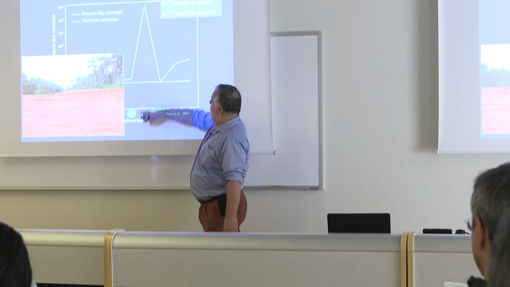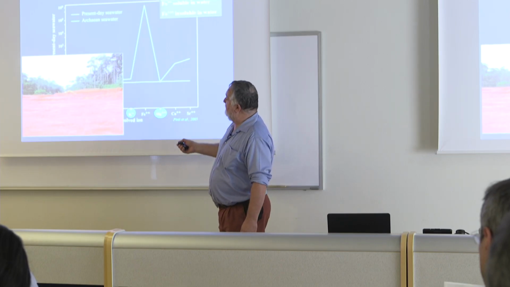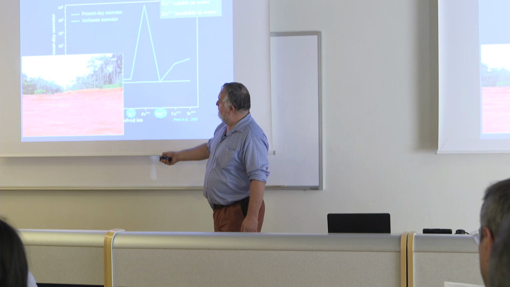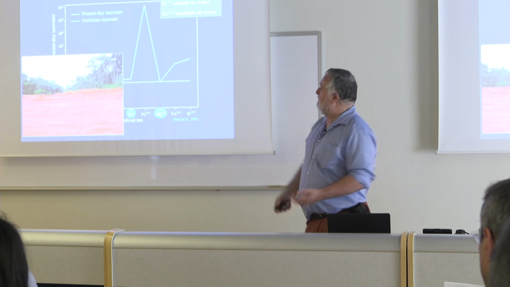The amount of iron 2 was enormous, and we will see some consequences of that. But you know that iron 2 is soluble in water, and iron 3 is insoluble in water. Today, of course, when iron is released by alteration of iron-bearing minerals, like biotite in granite, iron reacts with the oxygen in the air and is fixed, and it takes a red color, and we have soils made of a lot of iron, like laterite and so on.